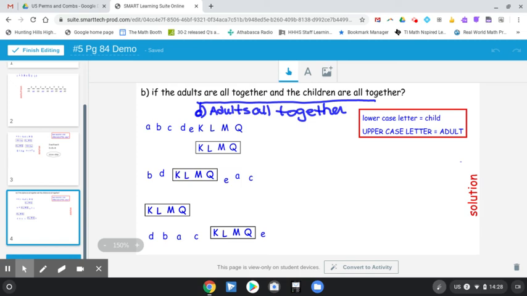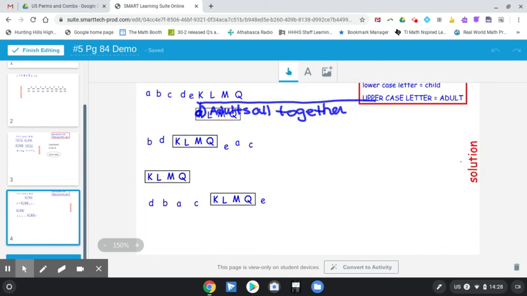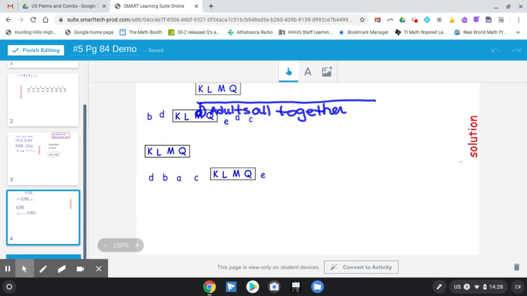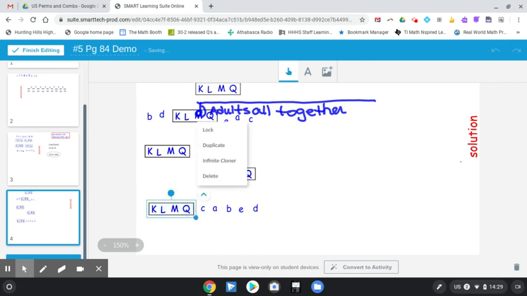So another example could be, let's say, we put the adults first. And then we're going to put our kids. Let's say maybe we put C, A, B, E, D. So that's considered one arrangement.